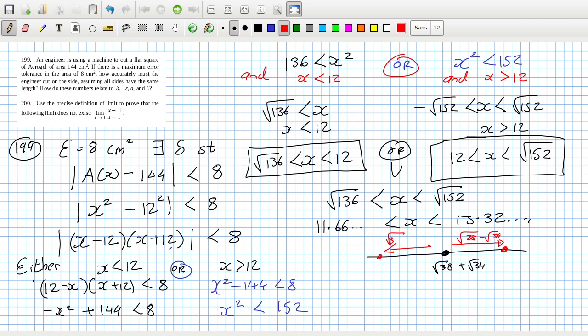That distance is also root 38 minus root 34. So I think to put this into the more familiar form, it would be x minus root 38 plus root 34 has to be less than root 38 minus root 34. So the delta on the x is root 38 minus root 34.